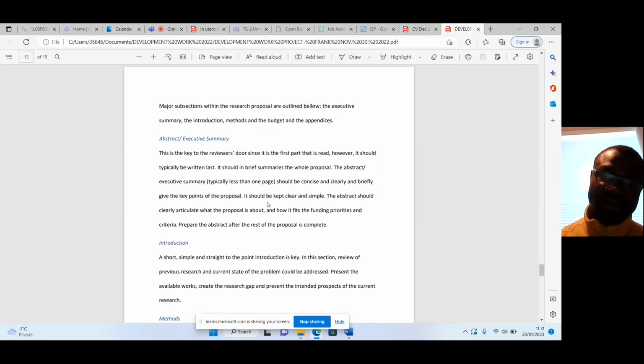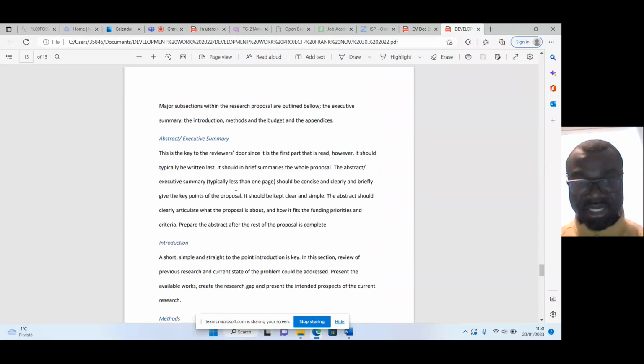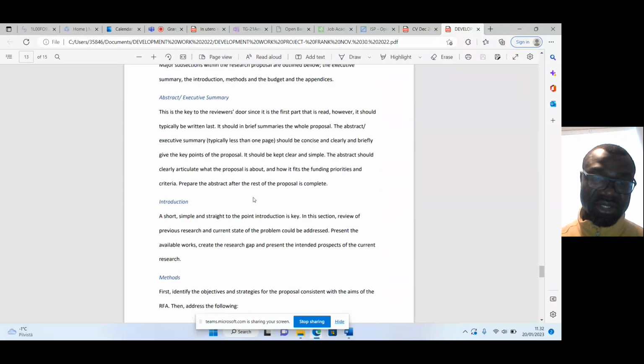So a very straightforward abstract has the chances of getting the readers' or the reviewers' interest into reading the whole application, knowing what you intend to solve. And so it should also come with an introduction, and then we have the research methods.